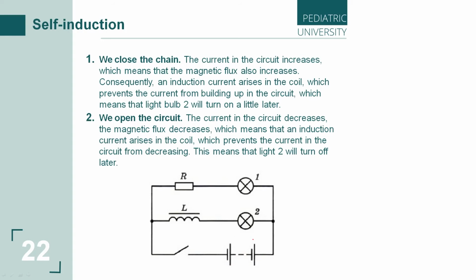And we have two light bulbs, first and second, connected as well as an inductor. Let's consider the first situation and try to determine which lamp, first or second, will turn on first. When you and I complete the circuit, what happens in the chain as a result?